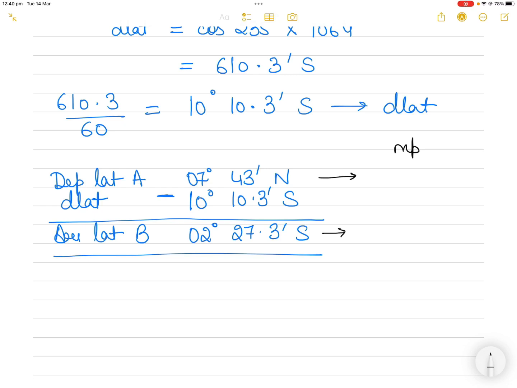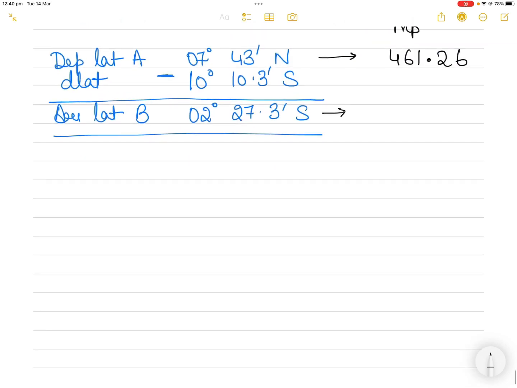So 7 degrees 43 minutes was straight off, we will write the value for 7 degrees 43 minutes, which was 461.26, right? But for 2 degrees 27.3 minutes, I have to do something called interpolation. So I will write down the value for 2 degrees 27 minutes, and I will write down the value for 2 degrees 28 minutes first.